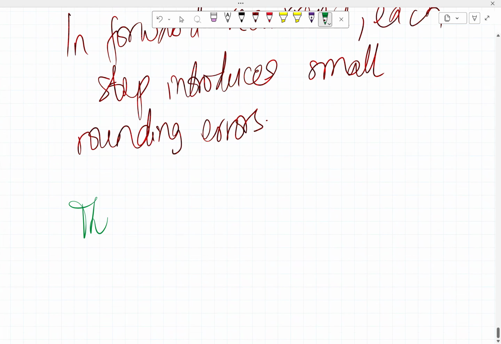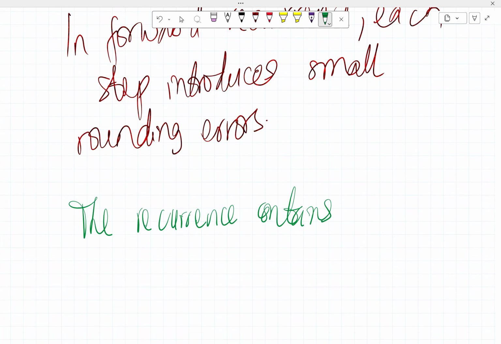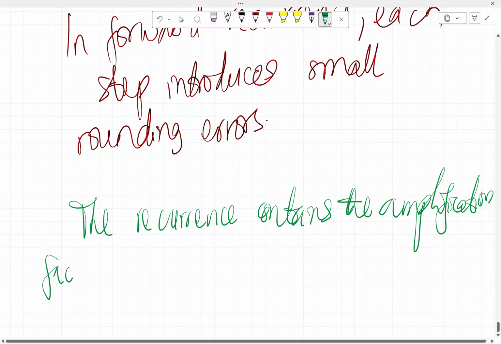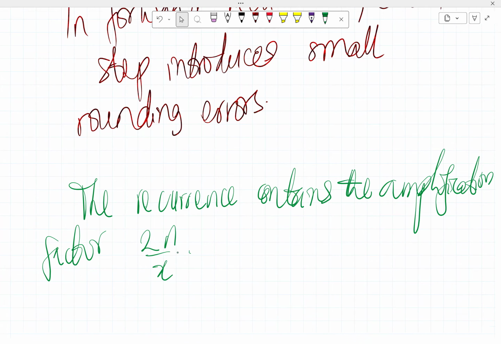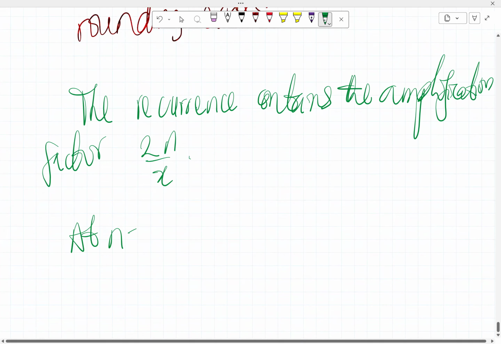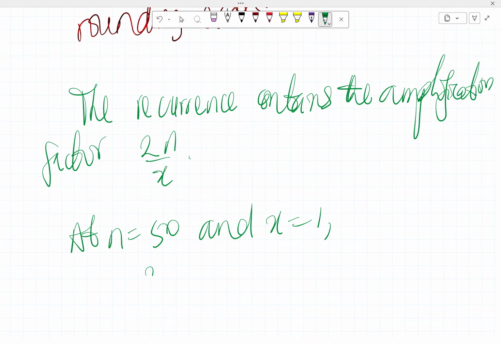The recurrence contains the amplification factor 2n over x, right? At n equals 50 and x equals 1, 2n over x will be 2 times 50 over 1, which is simply 100.